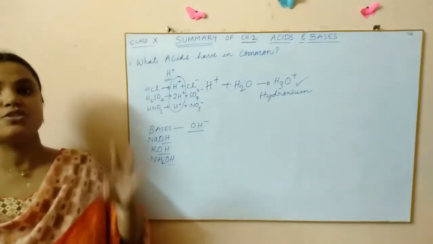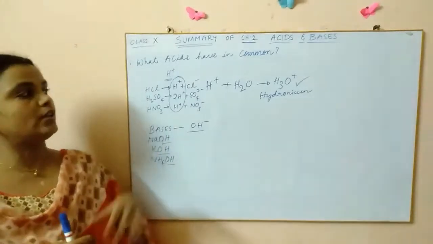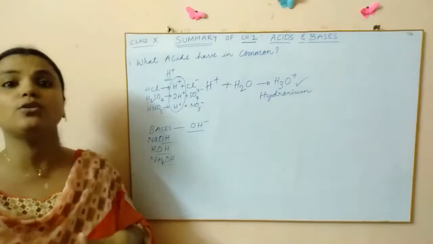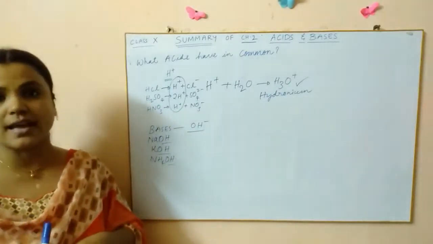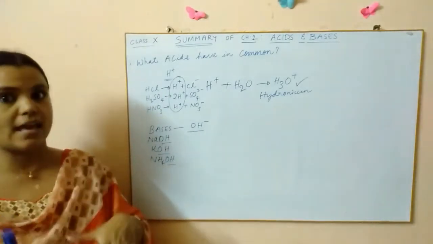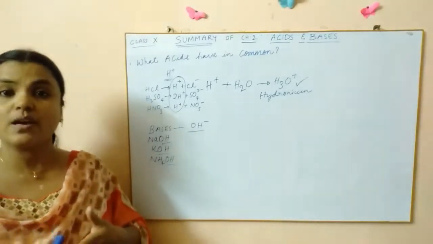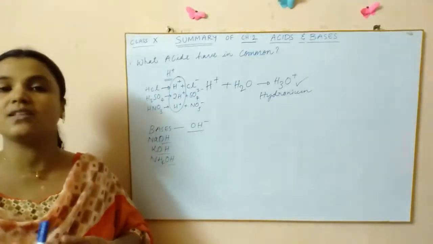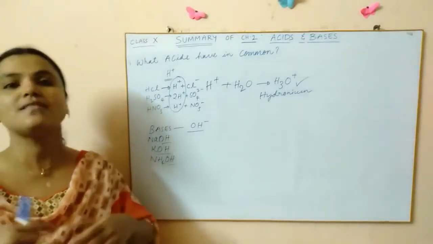So weak acids do not completely dissociate their H+ ions, and this is also the reason why glucose and alcohols, in spite of having hydrogen atoms in their structure, are not considered as acids. Why? Because they cannot dissociate. H+ ions are not formed when they are dissolved in water, and that is the reason why they are not acids. They are neutral substances.